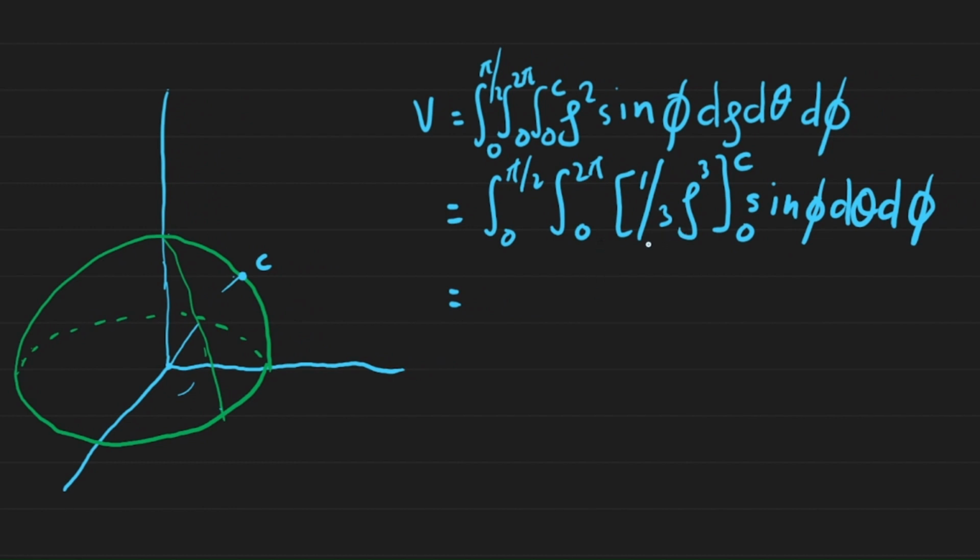So the integral in theta, everything else remains constant, so we just write theta. So we have the integral from 0 to pi over 2, and the integral of all of this is just theta because everything else is constant. So we substitute in c here, and we have 1 over 3 times c cubed.